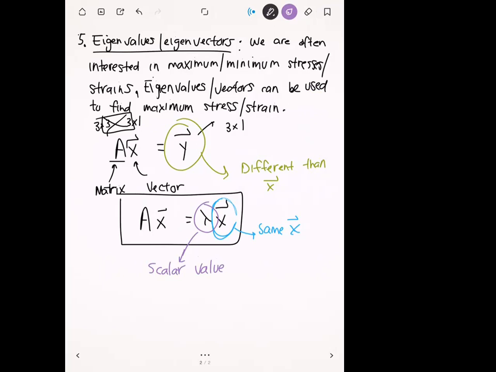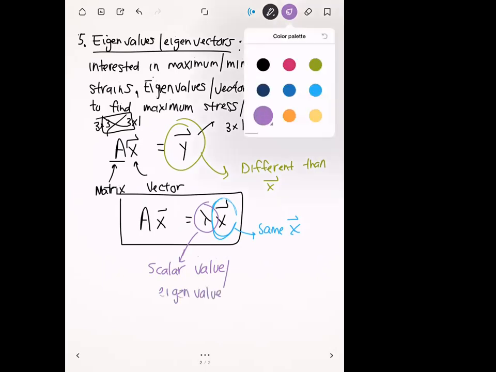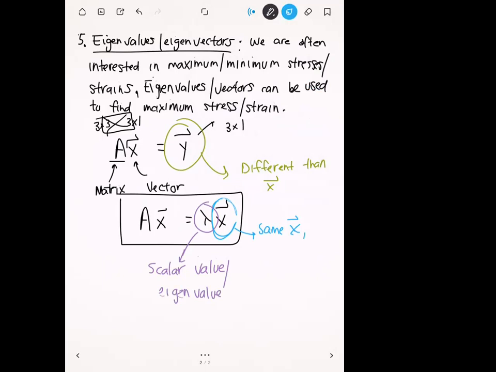There are very specific situations where this can occur, and of course it depends very strongly on what x is and what lambda is. But for situations where this does occur, this is when we have an eigenvalue and eigenvector. In particular, this lambda right here, which is a scalar, is an eigenvalue, and this vector x right here is our eigenvector.